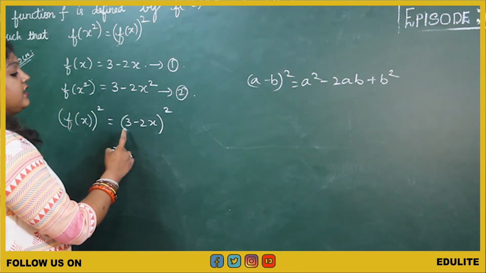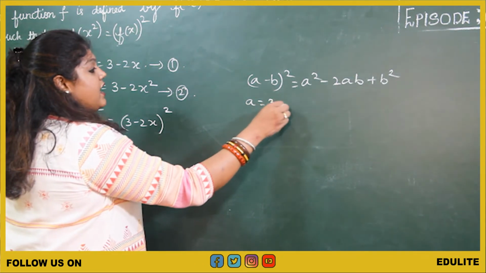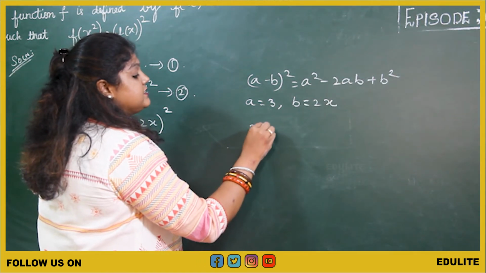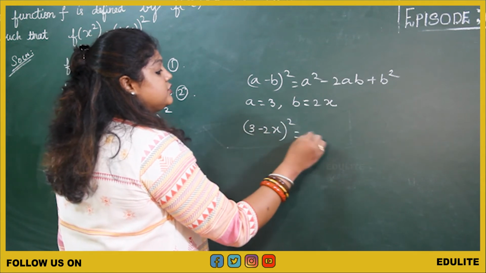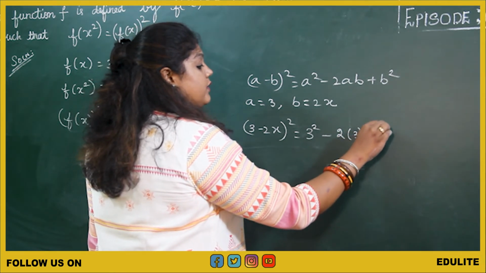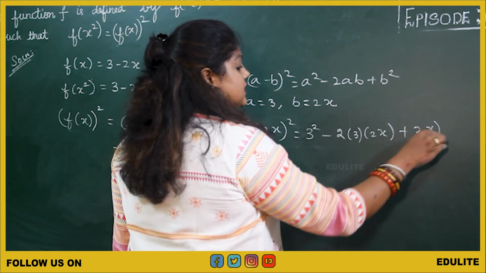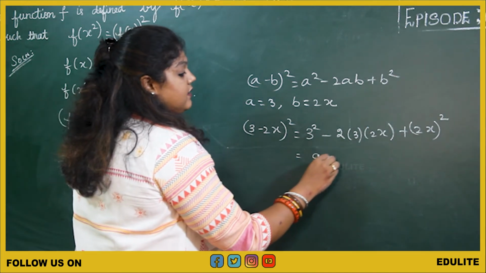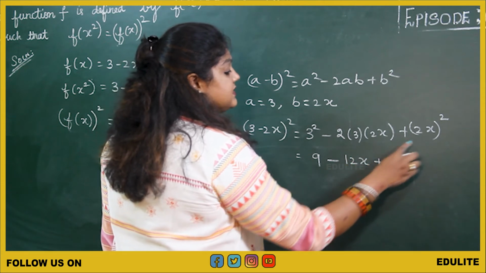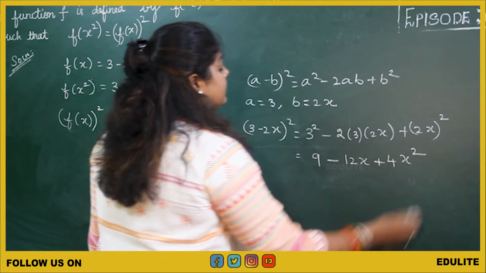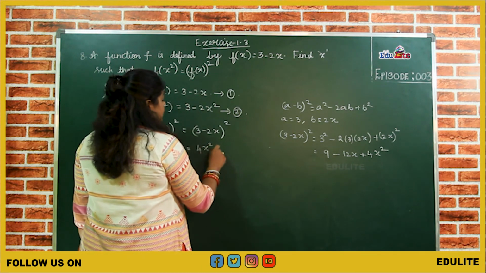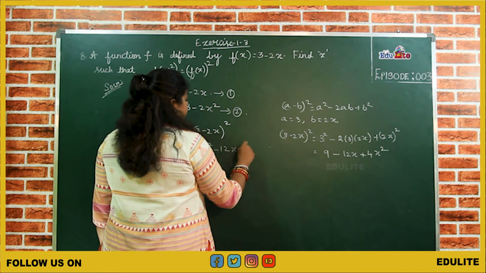So for this relation, the value of a is 3 and the value of b is 2x. 3 minus 2x whole square equals 3 square minus 2 into 3 into 2x plus 2x squared. 9 minus 2 3s are 6, 6 2s are 12x, plus 2 square is 4x squared. Writing it in the powers of x, 4x squared minus 12x plus 9.